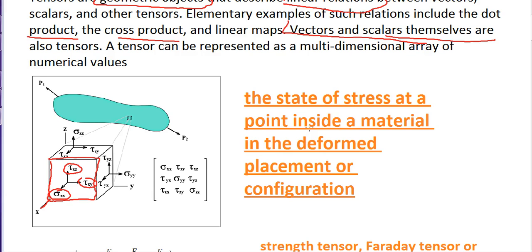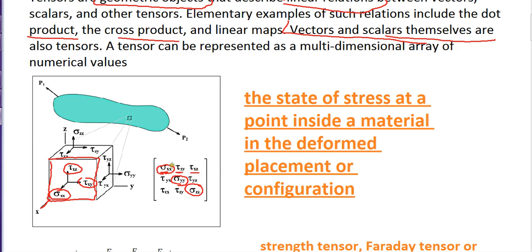We have nine components: sigma xx, tau xy, tau xz, and so on. On the diagonal we have sigma xx, sigma yy, and sigma zz, and the others are the off-diagonal components.